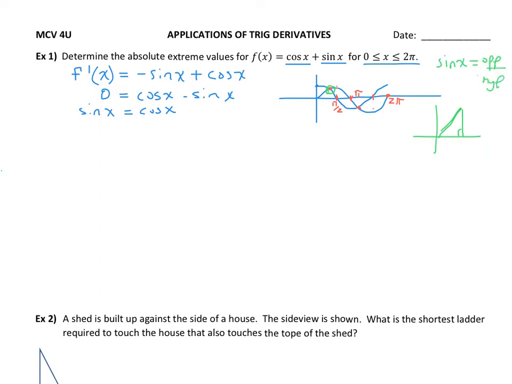All right, opposite over hypotenuse. So that really is our y over our radius if we talk about that unit circle. So that would be equal to cos x, and remember cos x is adjacent over hypotenuse. These would be equal to each other where adjacent and opposite are equivalent to each other.